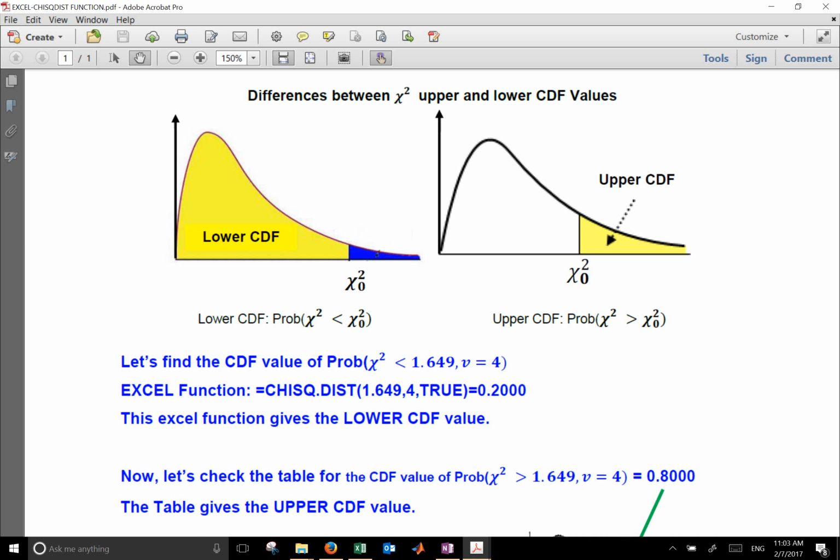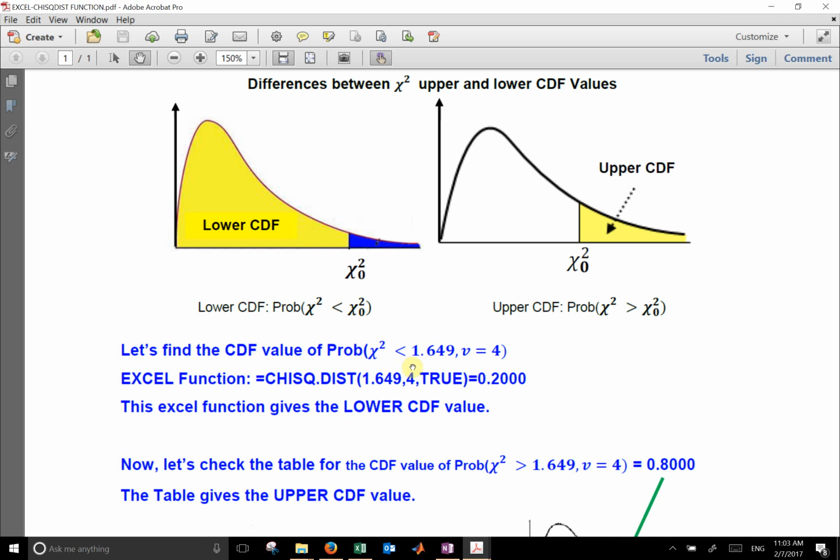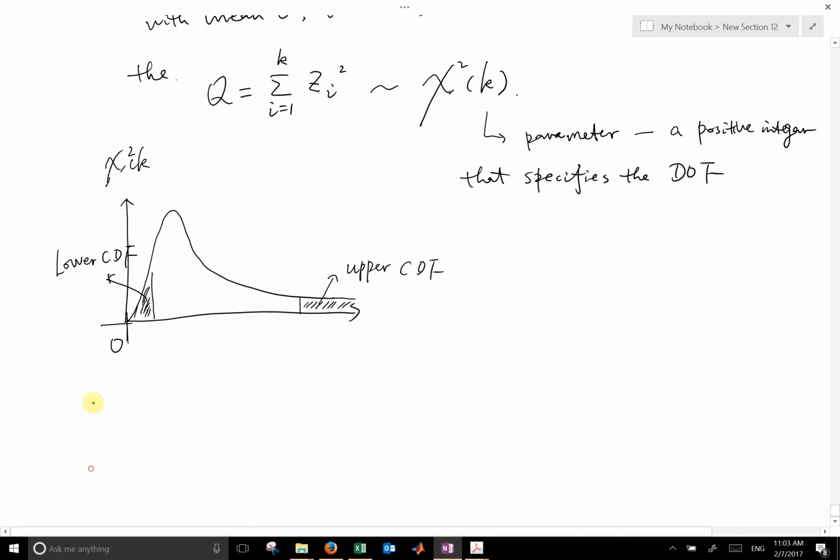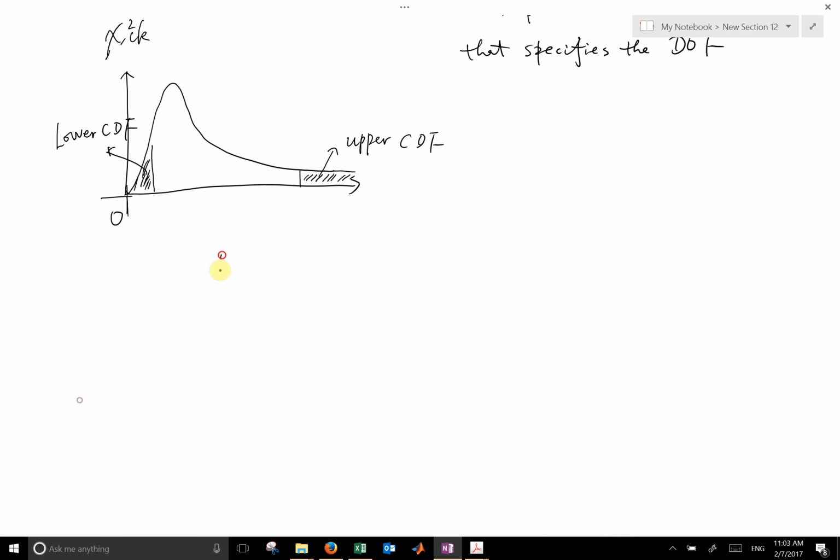So now let's find the CDF value of chi-square less than 1.649, v equals 4. That means if we have a chi-square distribution, degree of freedom is 4, this is 0.